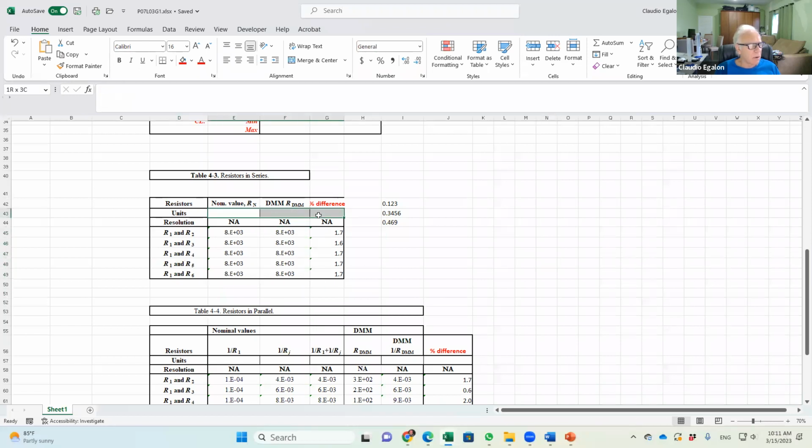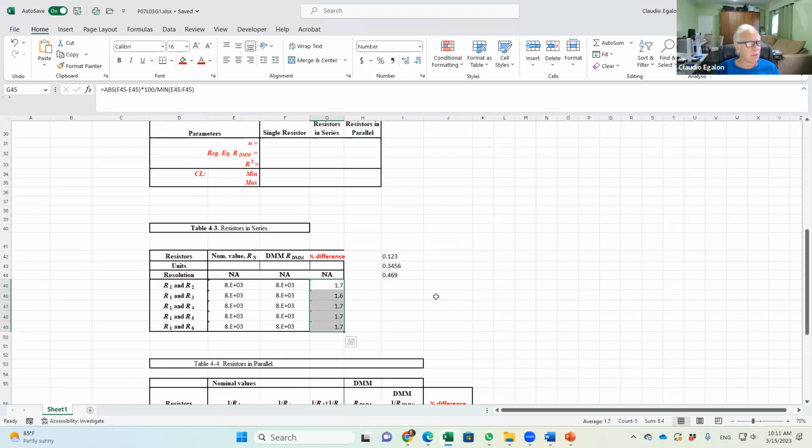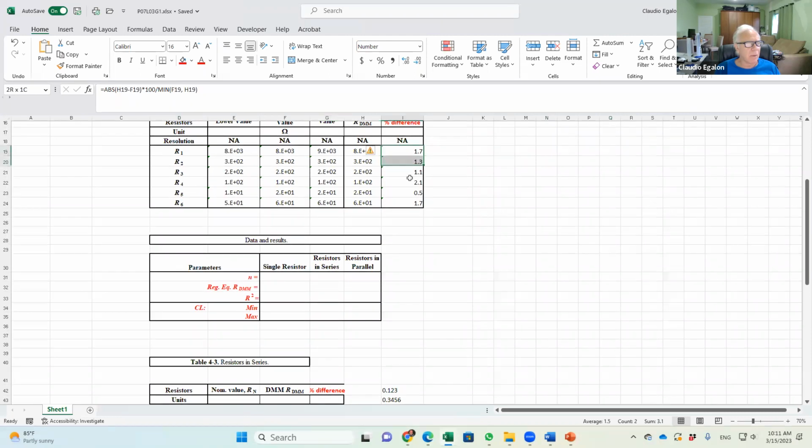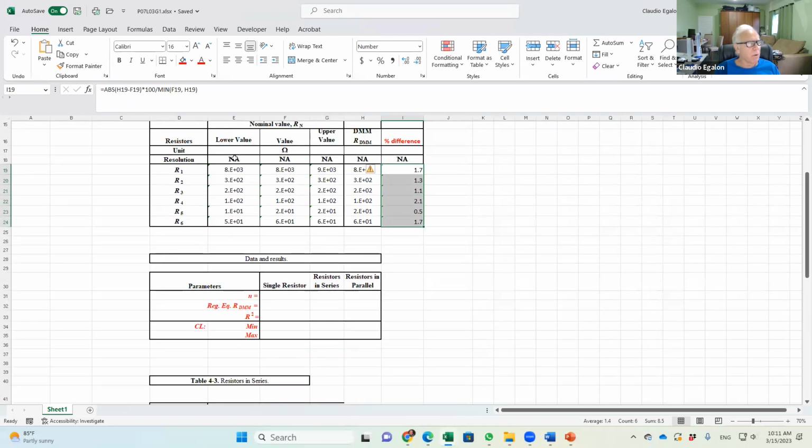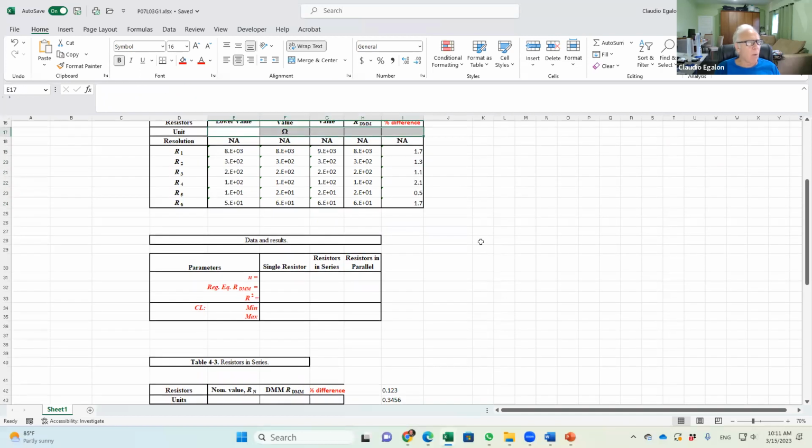The units go here. Here is the percentage difference between those two values. Notice that the difference is very small, 1%, 1.7%, 1.6%. Here's the same thing. The difference is relatively small. Don't forget to put all the units there.